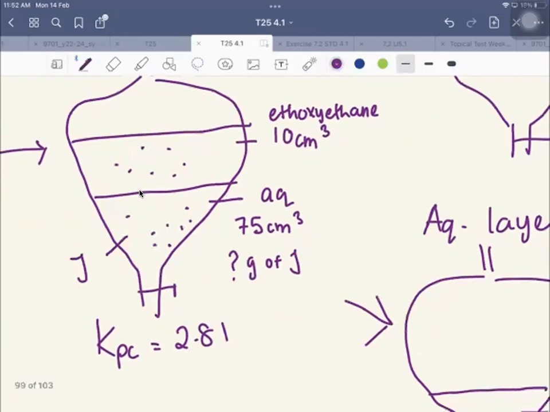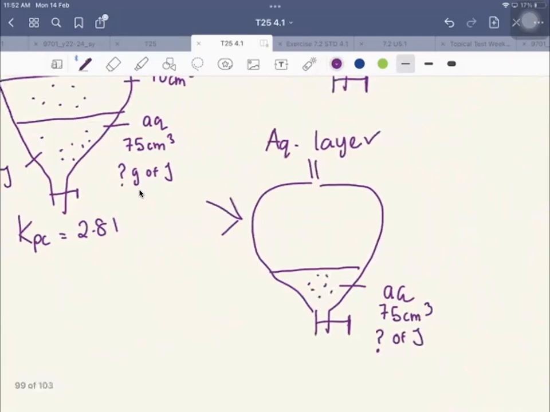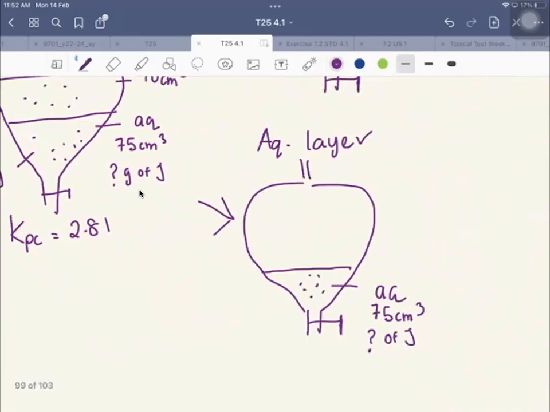So then I will take this aqueous layer, 75 cm³, but I don't know the mass of J. I mix it with a second 10 cm³ portion of ethoxyethane.